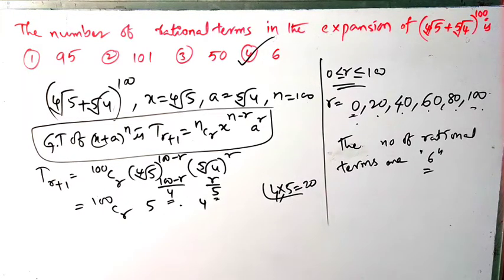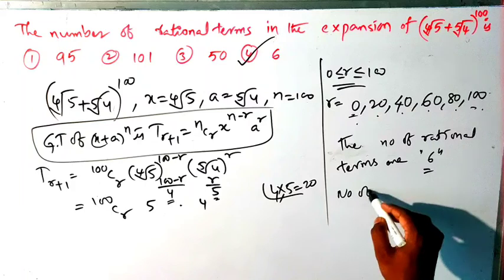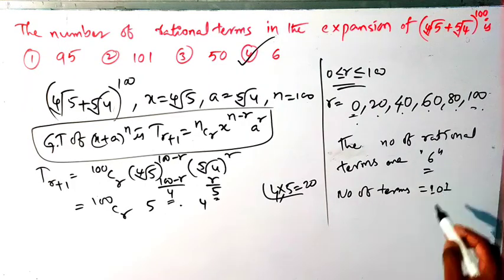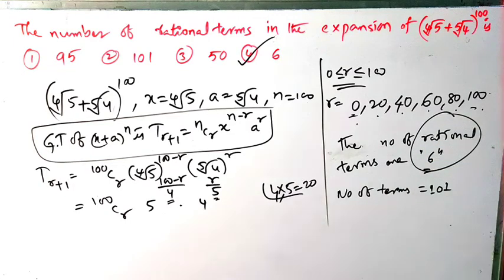Suppose we find out irrational terms. How to take irrational terms here? See here, the total number of terms is 101. Rational terms are 6, so remaining all are irrational terms. Clear?